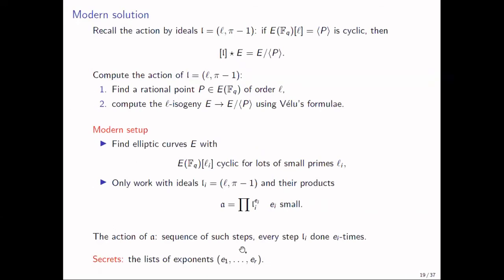So each time you take one prime ideal from this product, you see that it's an ideal of norm L. What you do is find a rational point of order L, compute this isogeny using Vélu's formulas, and then you do the next step. So somehow the secrets are lists of these exponents that tell you how many steps of using these ideals you need to take.